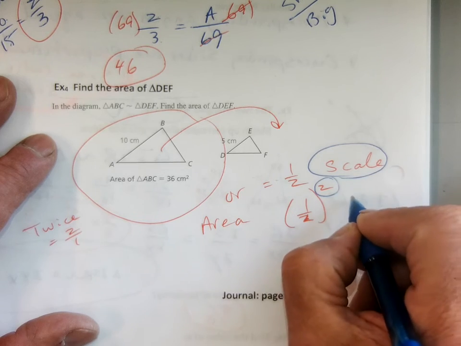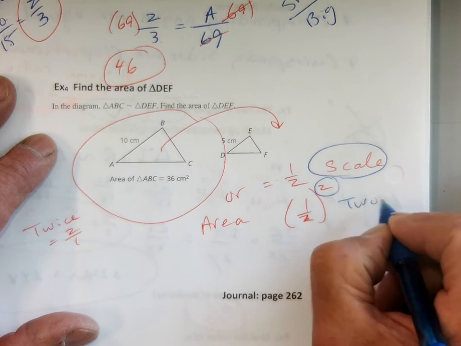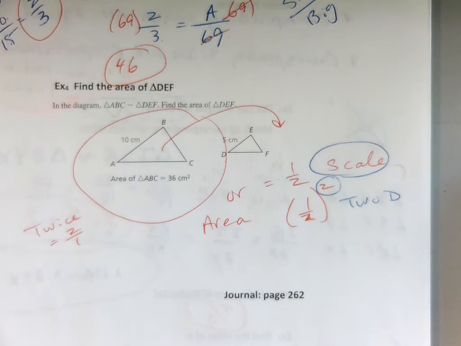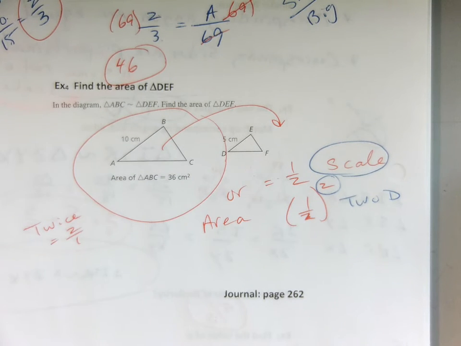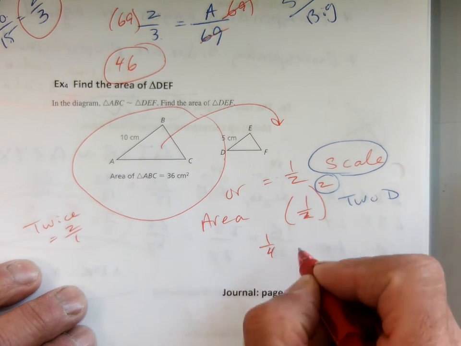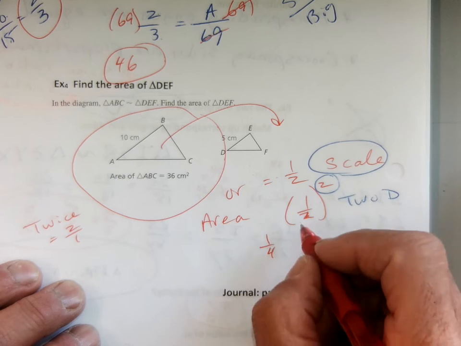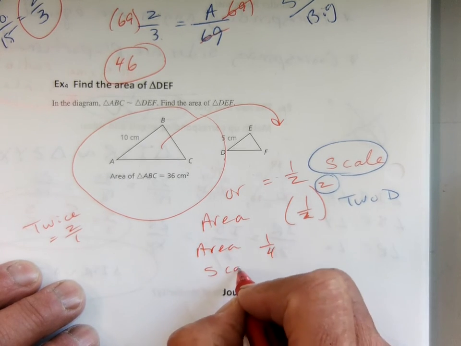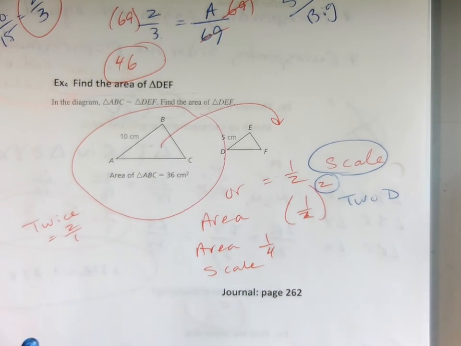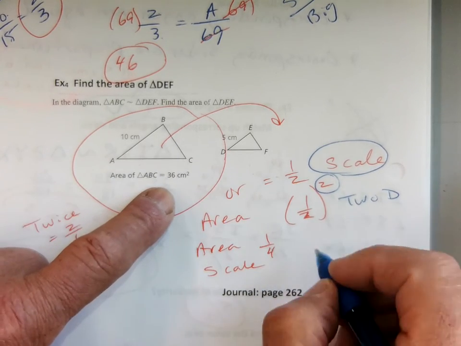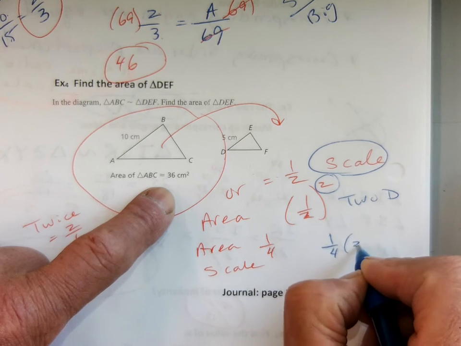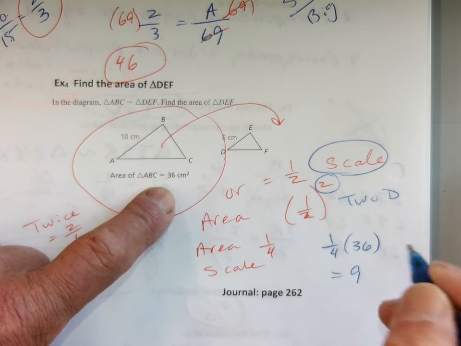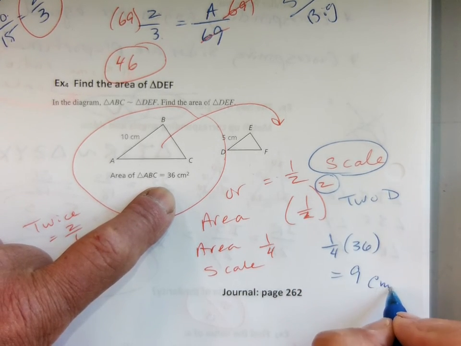I square it because it's 2-dimensional, 2D, because we changed the length and the width. I'll say it again, we changed the length and the width, so we changed it twice. So my scale then becomes really a 1/4 scale. So that's my area scale. So then if I take 1/4 of 36, I get 9 centimeters squared.